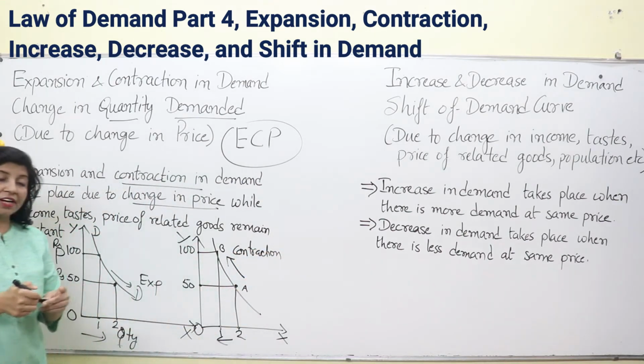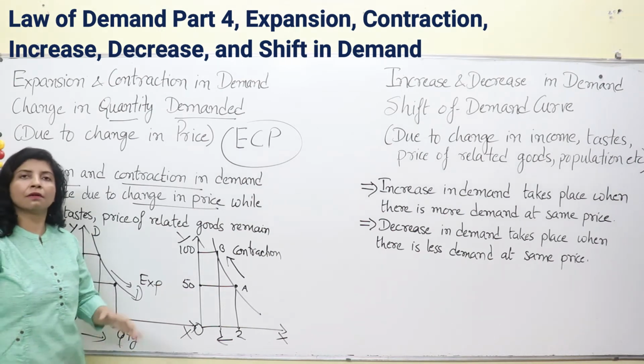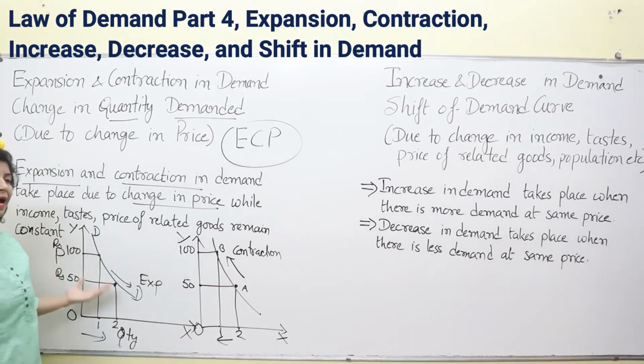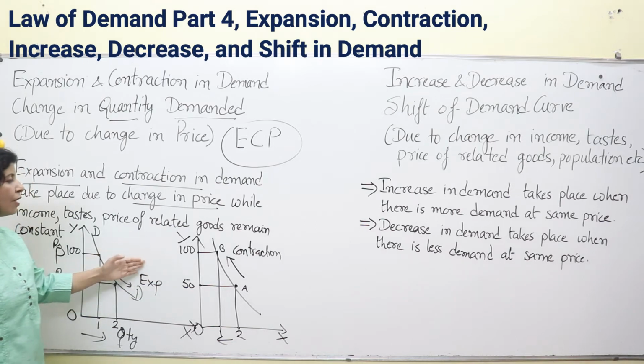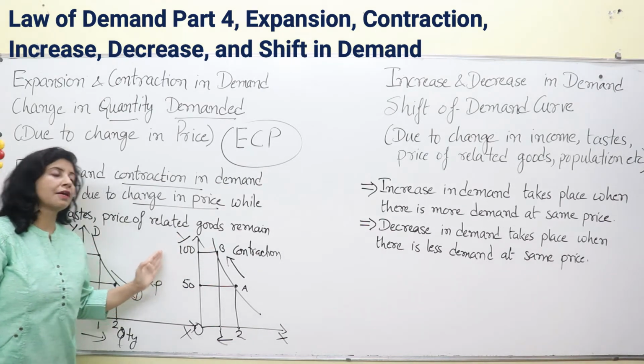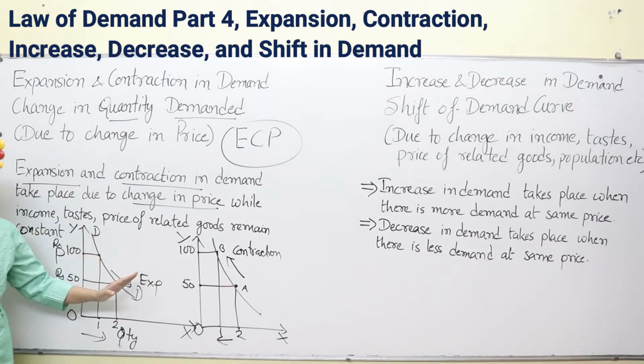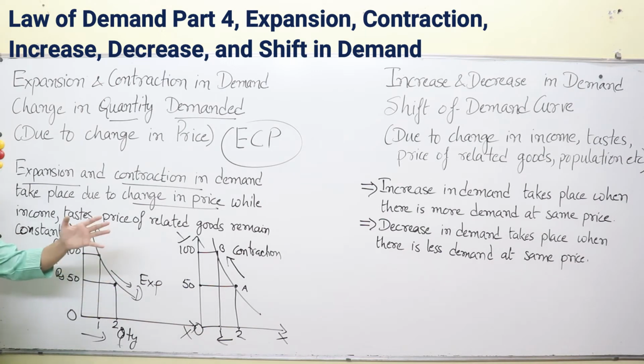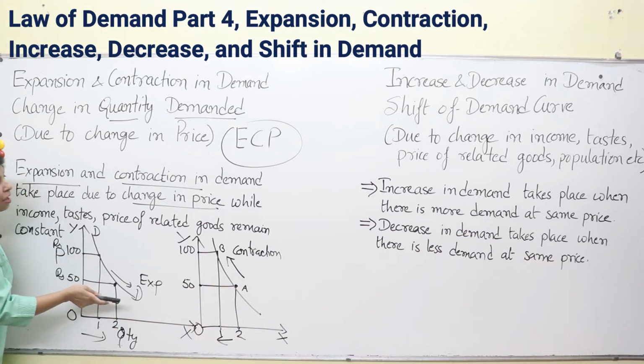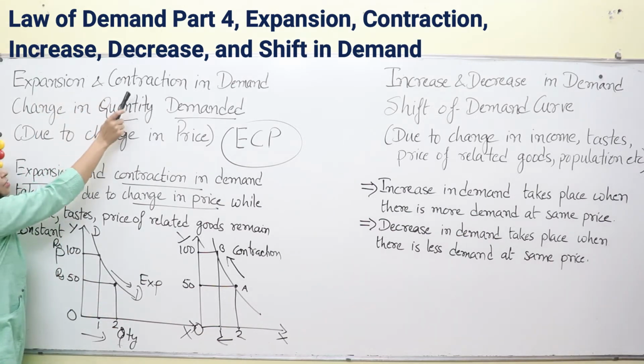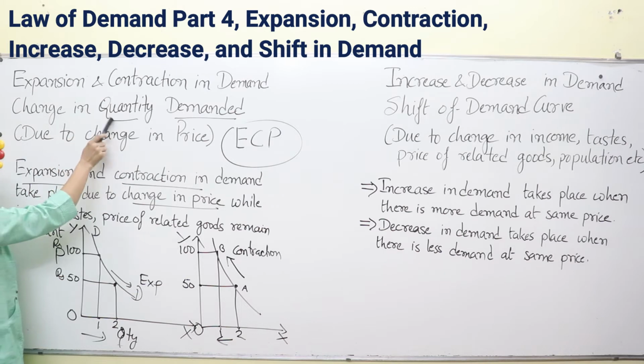When we reduce our consumption due to change in price, that is known as contraction. And when we increase our consumption due to a decrease in price, that is expansion. When we expand our consumption, that is expansion in demand. This is change in quantity demanded. When we discuss expansion and contraction, it is known as change in quantity demanded.